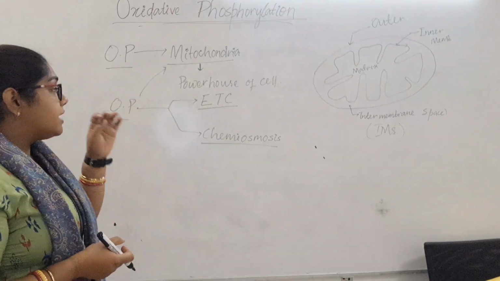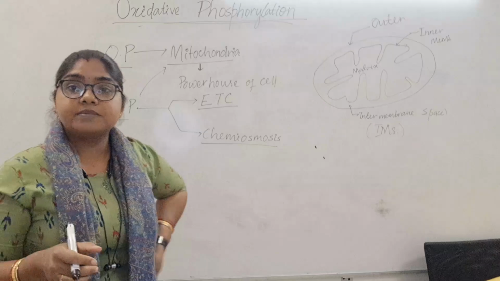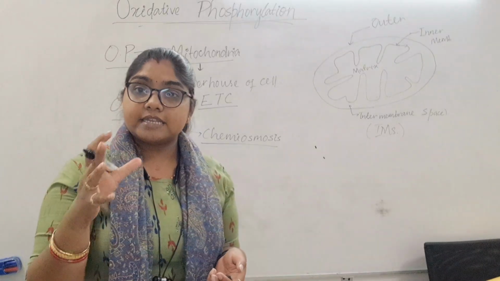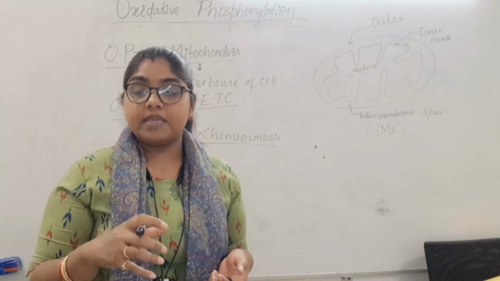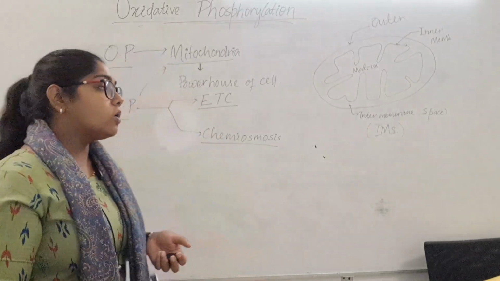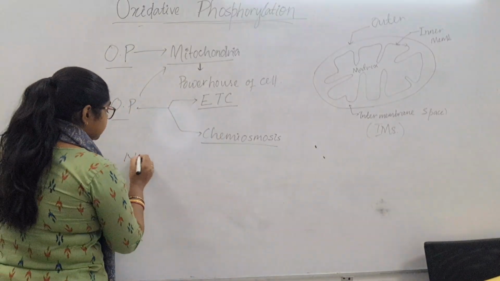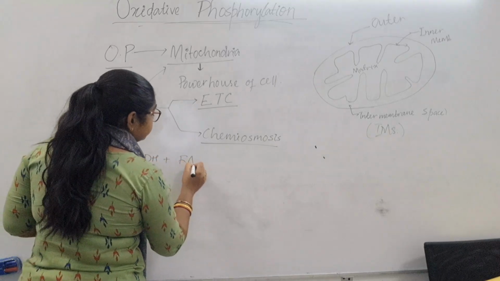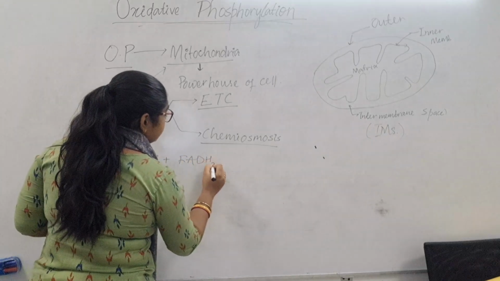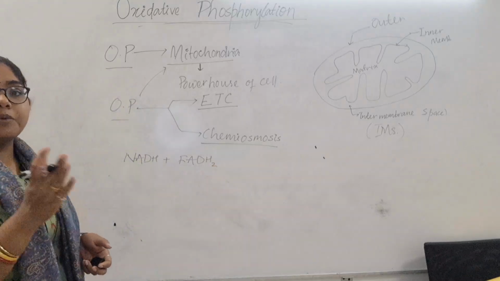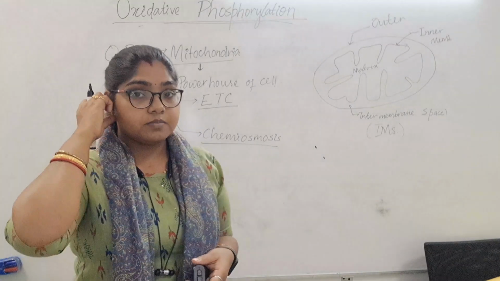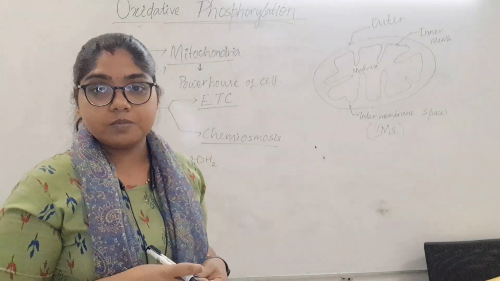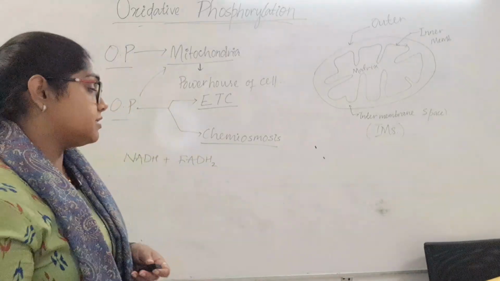In glycolysis and Krebs cycle, along with ATP and some other byproducts, we also get NADH and FADH2. That we have already discussed in our previous videos. I will give the link of those videos in the description box. Please check it out for reference.